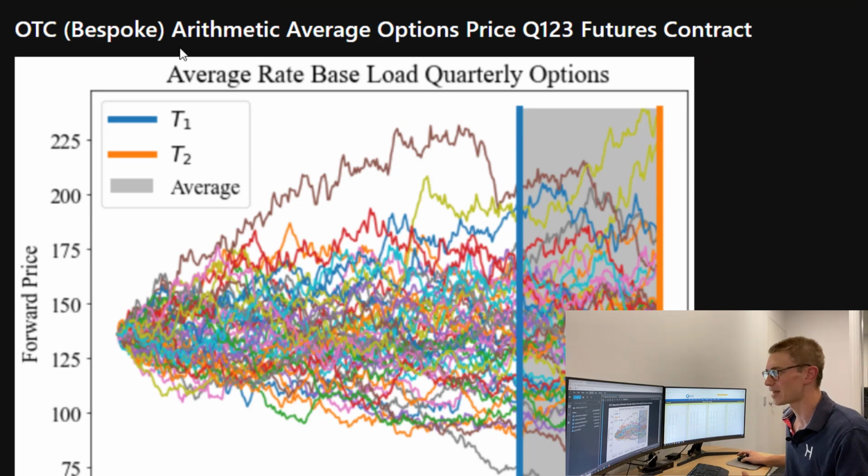So what do I mean? I mean that we have now this OTC bespoke product that we're going to trade over the counter with someone else, where we've got our futures price today, and we're going to speculate what the futures price is into the future. So we'll use our Monte Carlo simulation, and we're going to take the arithmetic average across every day in the quarter of that futures price. And that's going to be used to calculate our Asian call option.